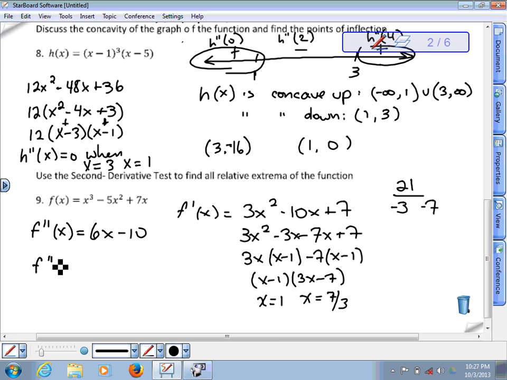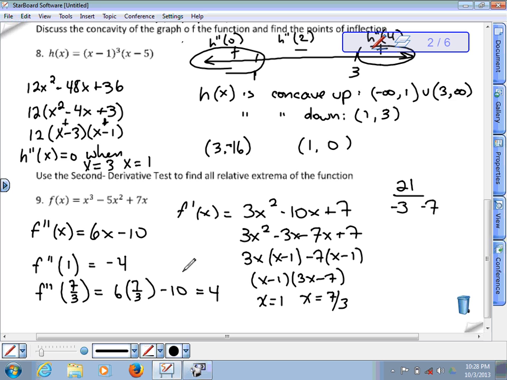If we evaluate the critical numbers in the second derivative, f double prime of 1 is equal to negative 4, and f double prime of 7/3 is a little bit harder to find. You take a 6, multiply it by 7/3, subtract 10, 3 goes into 6 twice, 2 times 7 is 14, 14 minus 10 is 4.